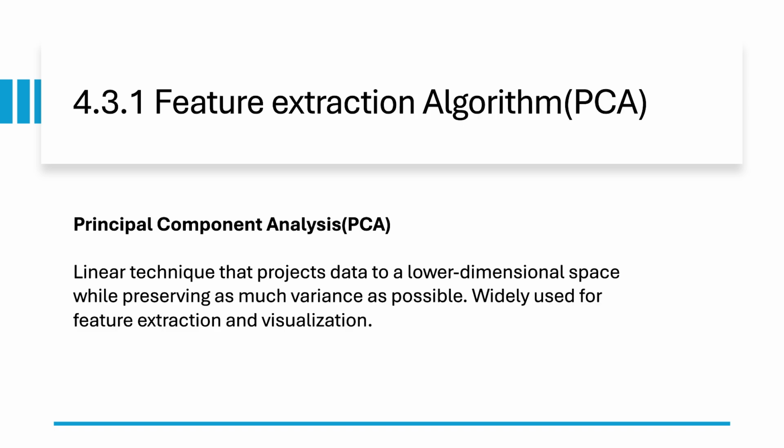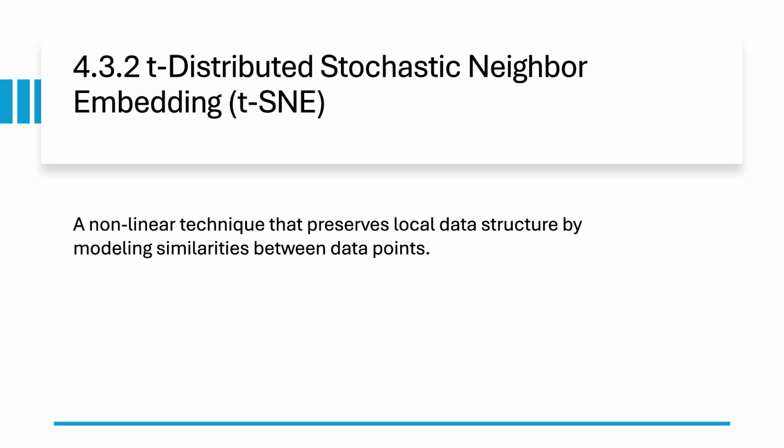Principal component analysis is a linear technique that projects data to a lower dimensional space while preserving as much variance as possible, widely used for feature extraction and visualization. Then we have t-distributed stochastic neighbor embedding, which is t-SNE. It's a nonlinear technique that preserves local data structure by modeling similarities between data points.